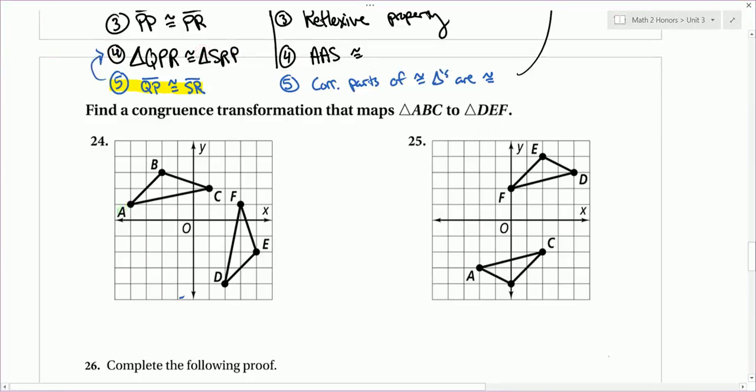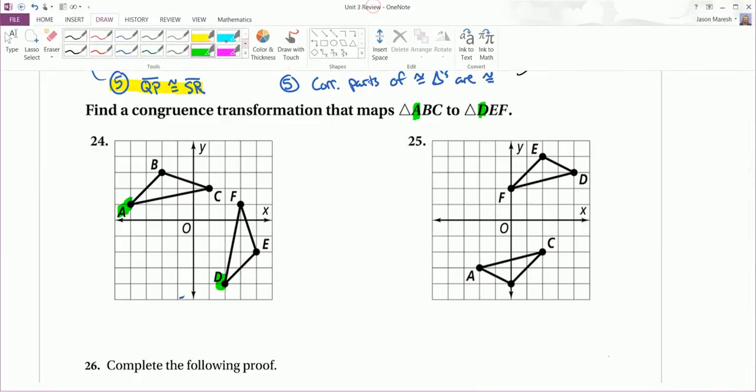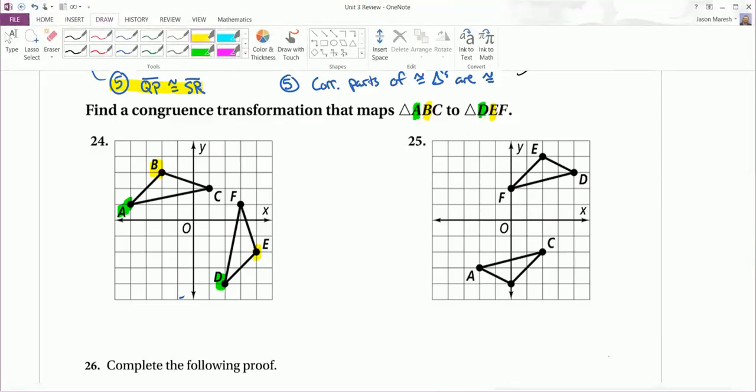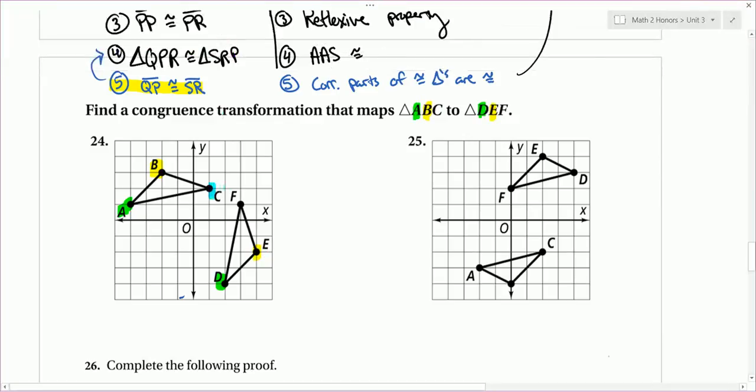So point A, A is the first letter, right? We want that to match up with the first letter D, so that's going to end up where point D is. And point B, we want that to match up where point E is, because those are the second letters. And there's one left, so point C is going to end up where point F is.